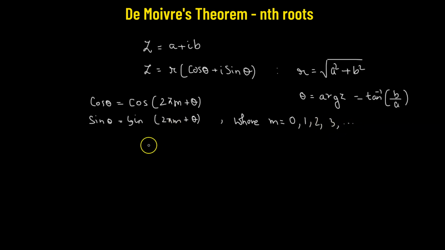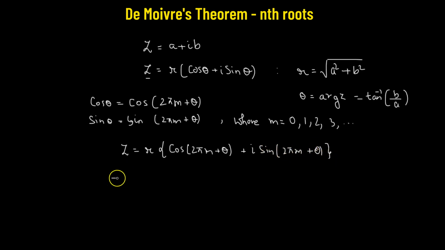Right. Now we can rewrite our given complex number in the polar form as z equals r times cosine of, instead of theta, 2 pi m plus theta, plus iota times sine of 2 pi m plus theta.